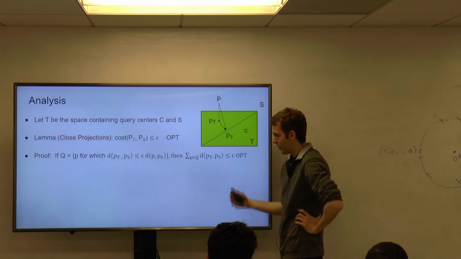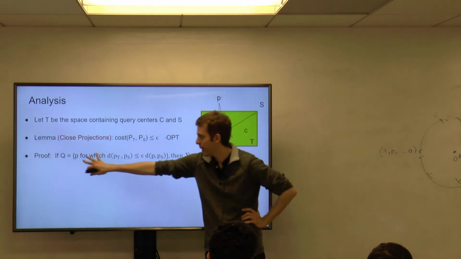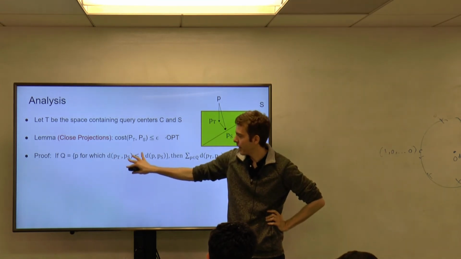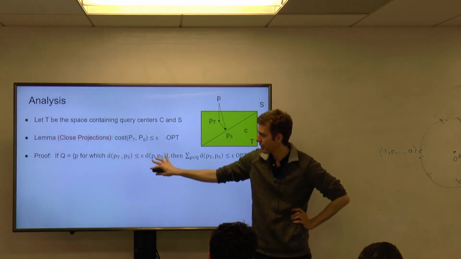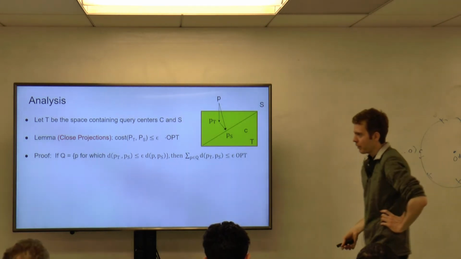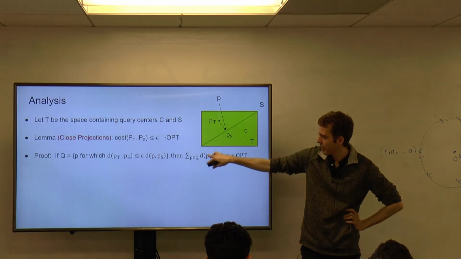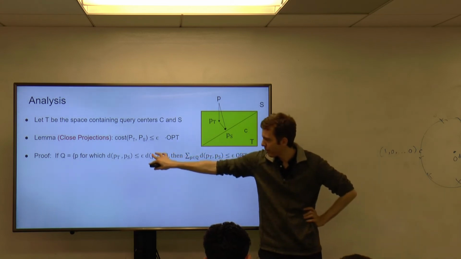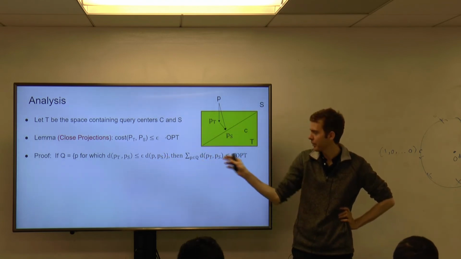The way we argue this is: let Q be the subset of points P in your input set for which the distance between the projection onto T and the projection onto S is at most epsilon times the distance from P to the space S. Then, if I sum over all the points P in Q the distance between the projection of P onto T and onto S, I get at most epsilon opt, because I'm summing this over all points in P. S was a space for which the cost was at most opt, so I get epsilon opt.